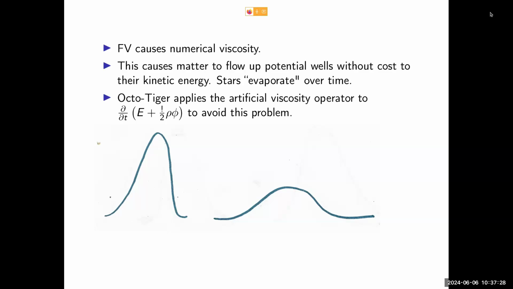So over time, if you have a star like that, it'll just evaporate that profile. So by being careful to evolve the total energy to machine precision, we can reduce that evaporation. And this is important because a lot of the initial conditions we start off with are close to equilibrium, where mass transfer between the stars is just starting. So it's just a little stream that's actually doing something while the rest of the stars have the same equilibrium.